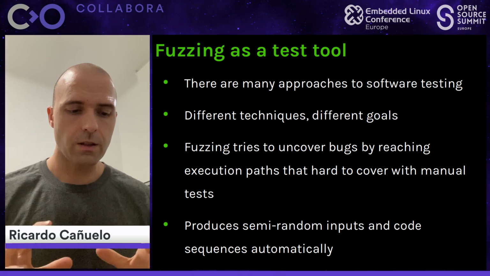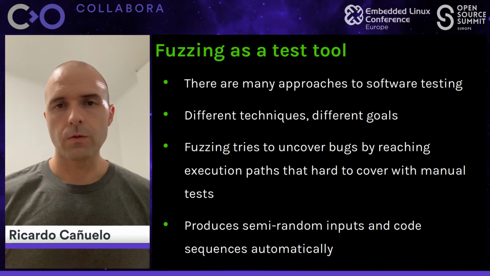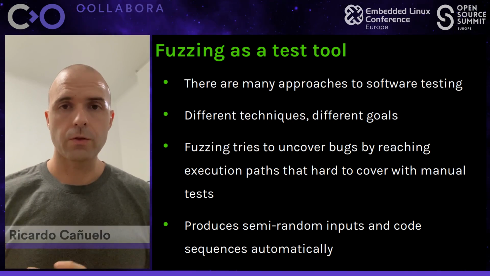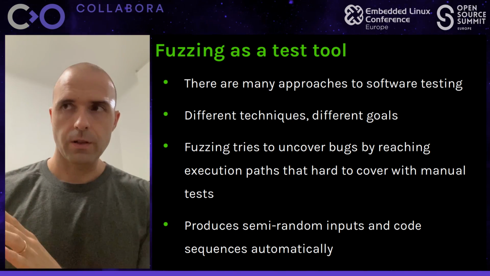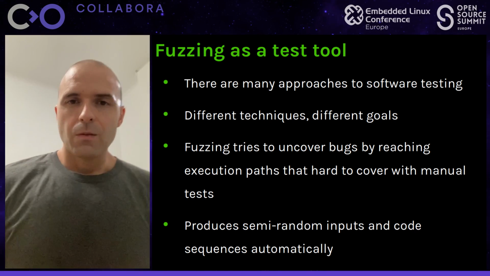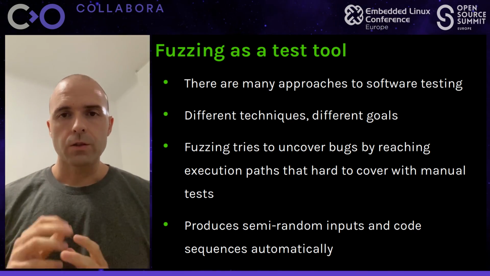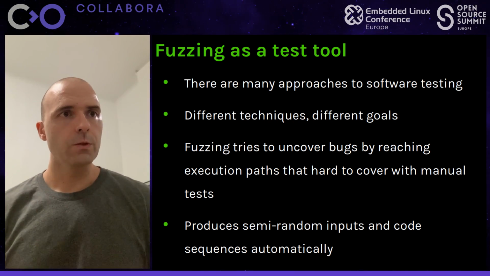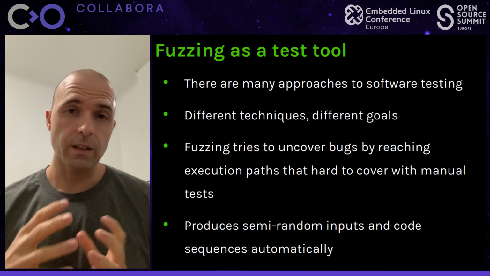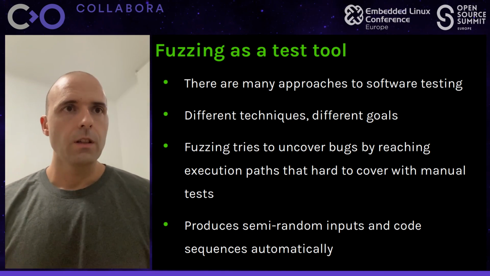In this regard, there are two main methods, or at least two of the most well-known and most used, which are unit testing and, on the other hand, fuzzing. Most people are already familiar with unit testing as part of the software development process. Unit tests try to check that a certain piece of code behaves as documented.